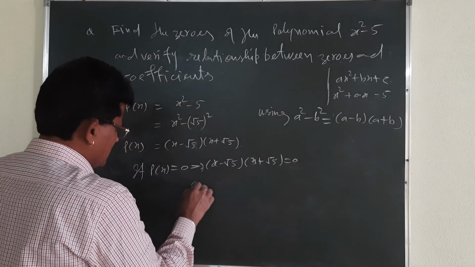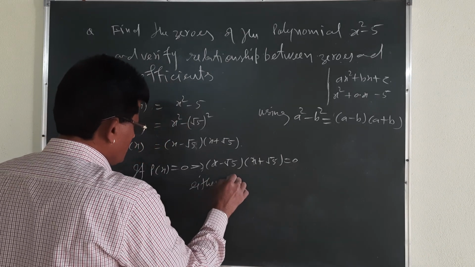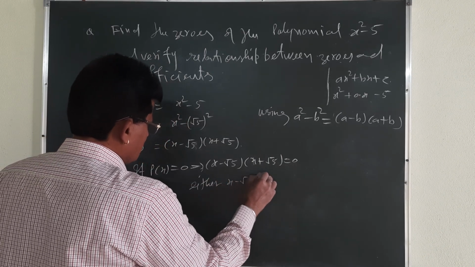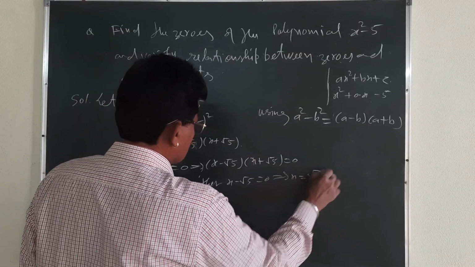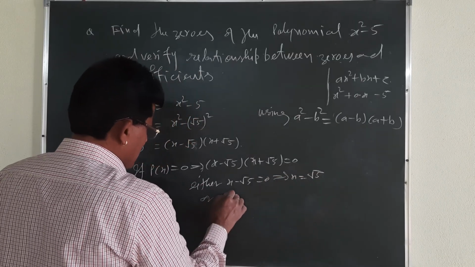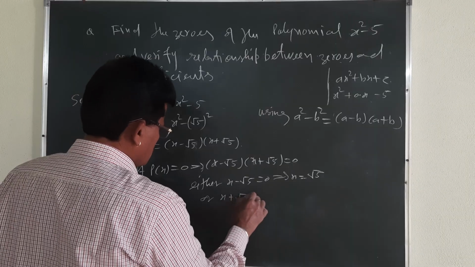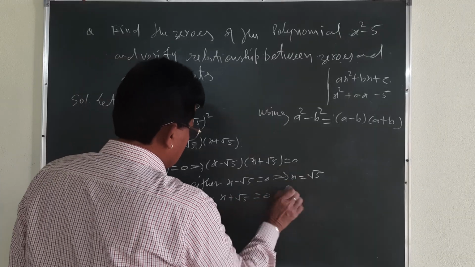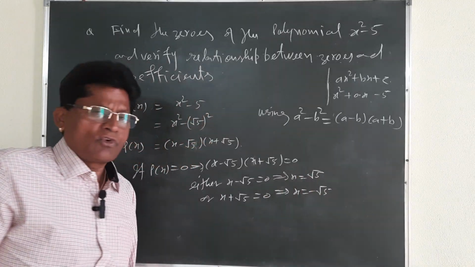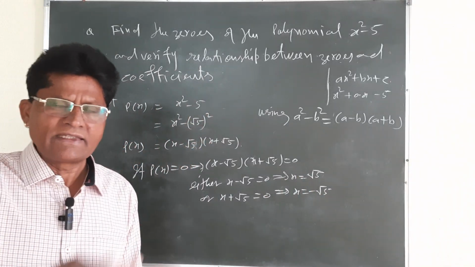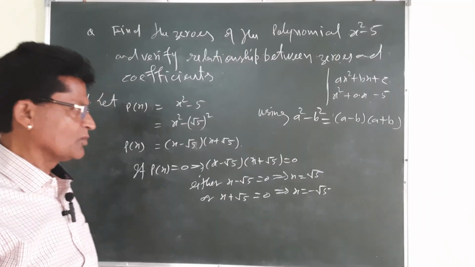Let me take either x minus root 5 equal to 0, its value will be x is equal to root 5, or x plus root 5 will be equal to 0, implies that x will be equal to minus root 5. There are two zeros you got, one is root 5, another is minus root 5.